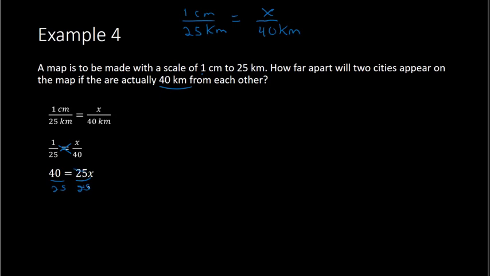On the right side, the 25's cancel. I'm left with an x over here. And then on the left side, I have 40 over 25. And when I divide those, I'm going to get 1.6. So my solution is that on the map, the cities will appear 1.6 centimeters from each other.